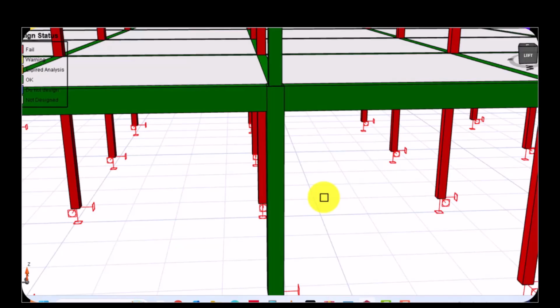Mind you, concrete is only good in compression and not tension. Once you pull it apart, it will pull apart. Those types of things cause failure.